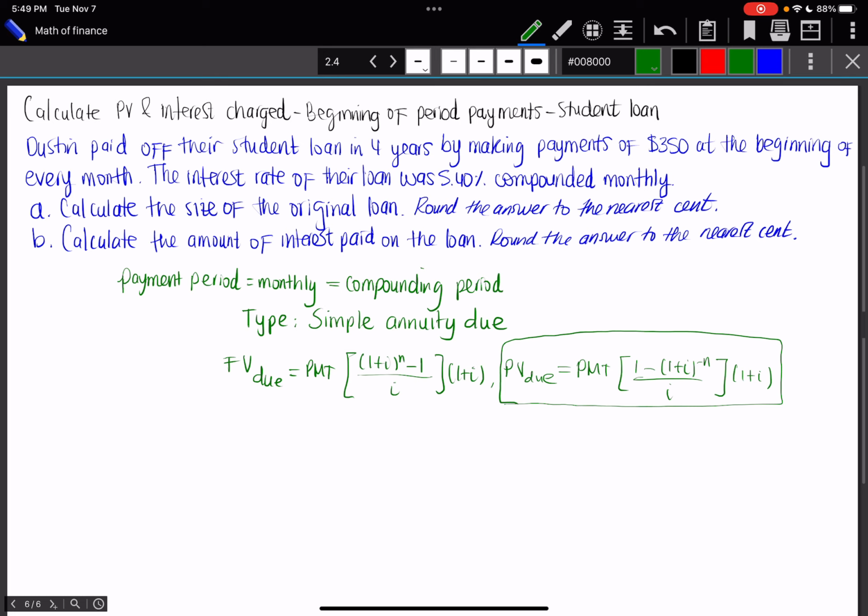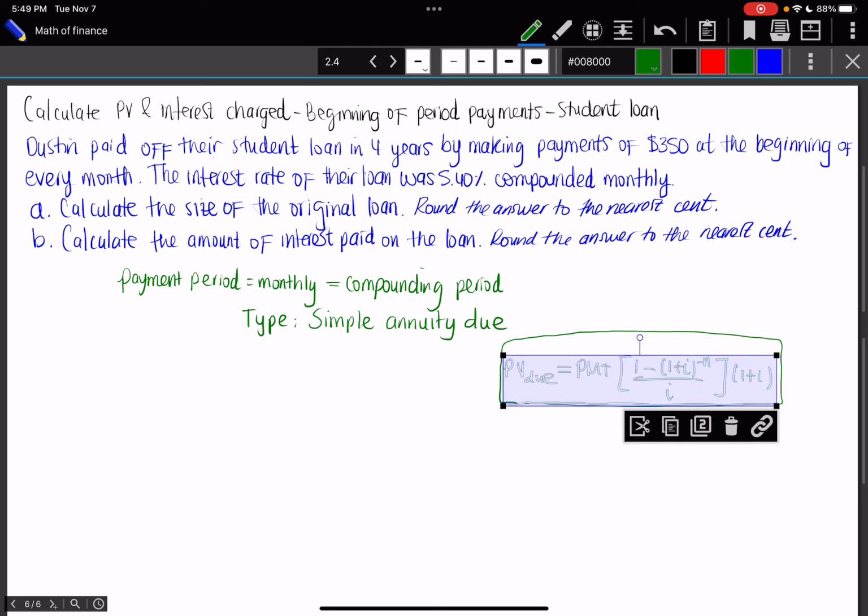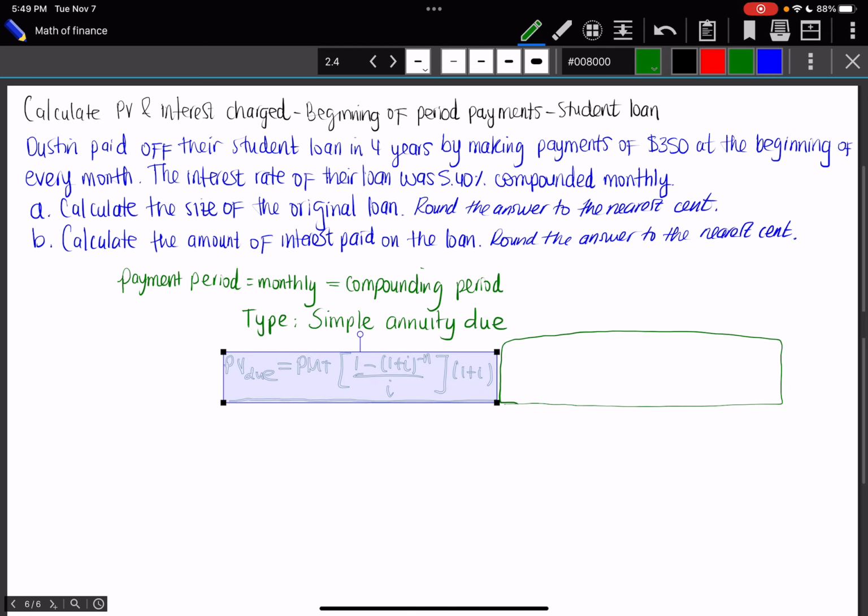So between the two formulas we wrote, we choose to work with the second formula, the one I just boxed, because we need the present value of the annuity. So let's erase the formula for future value and focus on the formula for the present value of the annuity.